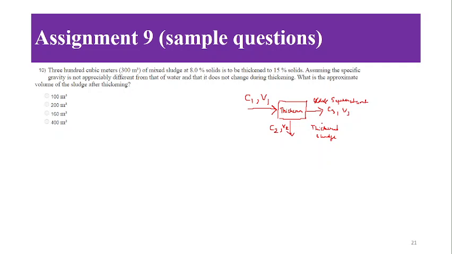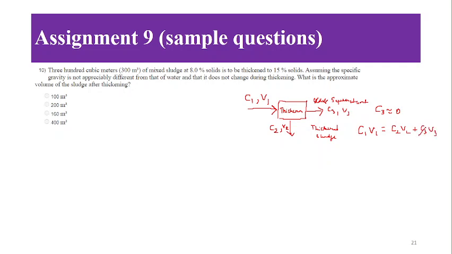So if we assume that the supernatant does not have any solids, and all of the solids go into the thickened sludge itself, so the C3 here we can assume to be 0. So from the material balance for the solids we can say that C1V1 is equal to C2V2 plus C3V3.